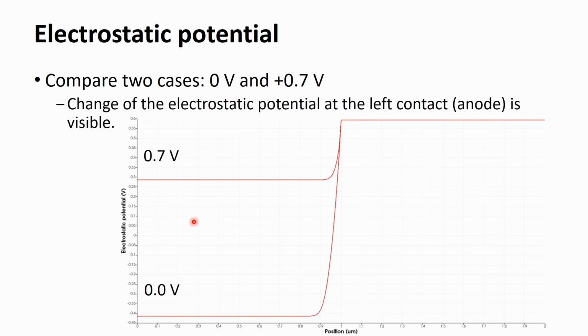Since the change of the electrostatic potential is directly related with the energy barrier, we can understand that the energy barrier felt by electrons at 0.7 volt is much lower than that at the equilibrium case. That's the reason why we have a large current.